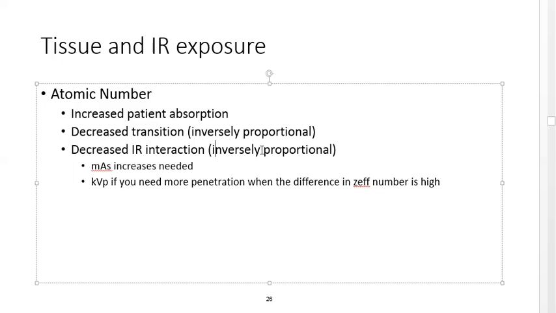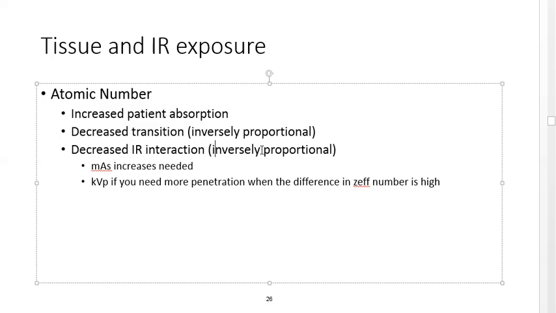You've got to be careful with increasing kVp. One example that comes to mind is pleural effusion. If you increase your kVp because of the pleural effusion, you've replaced air with fluid, a tissue type that doesn't create a lot of scatter radiation with a tissue type that does.